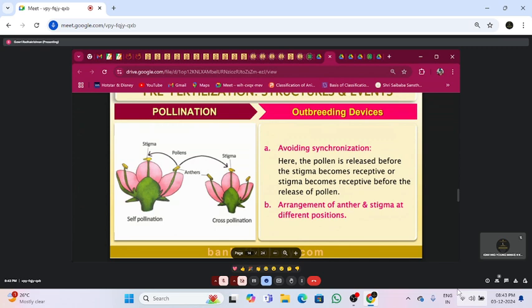They are built in like that automatically. When the pollen grain matures, the stigma of the same flower may not be ready yet for pollination, or when the stigma is ready, the pollen grains may not have matured. So the timing is different. That's what it means. It's not in sync.